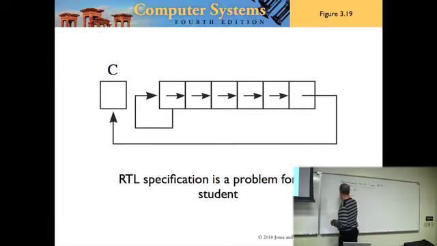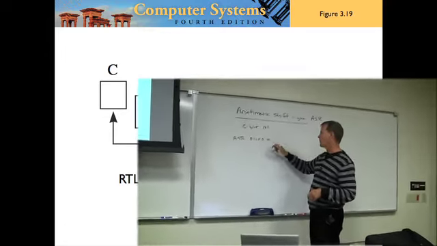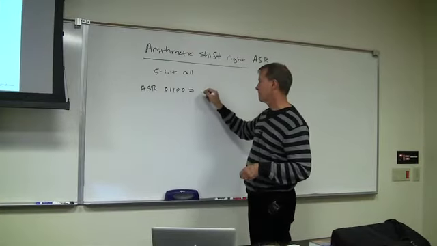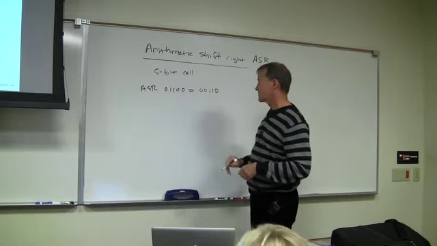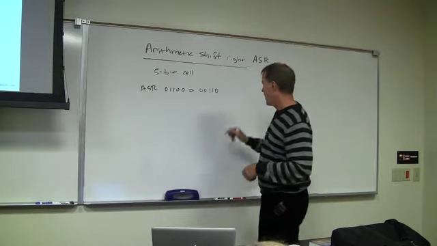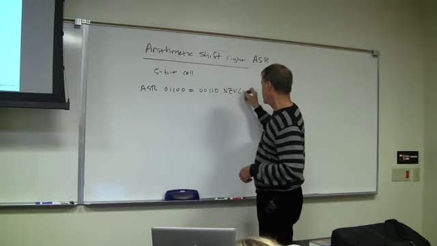And let's do an ASR on this. If we do an ASR on 0, 1, 1, 0, 0, what will we get? 0, 0, 1, 1, 0, right? And furthermore, N, Z, V, C will equal what?